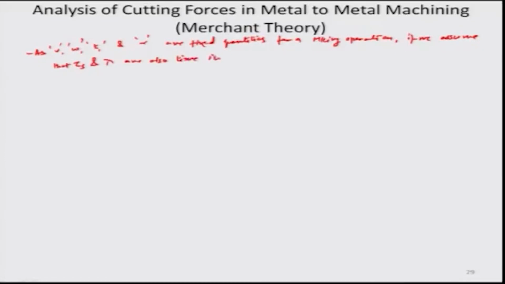So, this is something that we are just assuming, although in the real case the friction coefficient as well as the ultimate yield strength of the material in shear would typically vary as a function of temperature rise or temperature increase. So, we are not considering that here, and we are considering this to be a time invariant property and as such related to the property of the material.